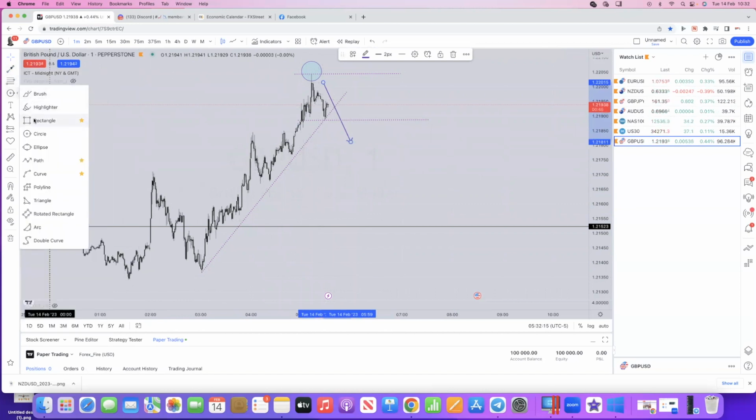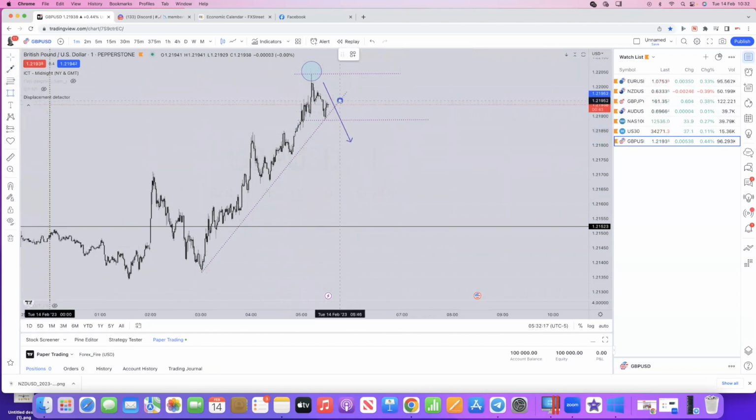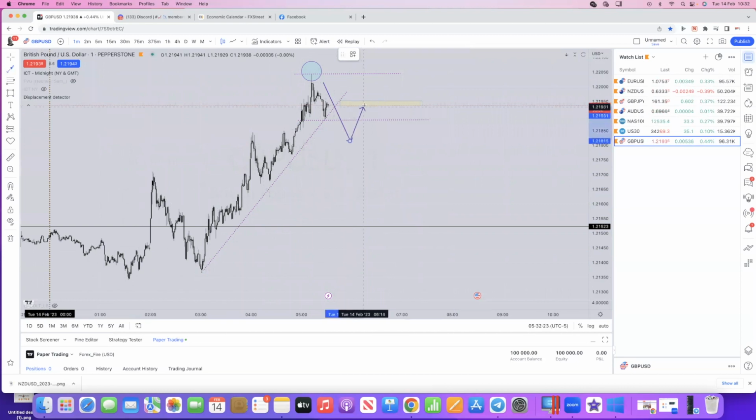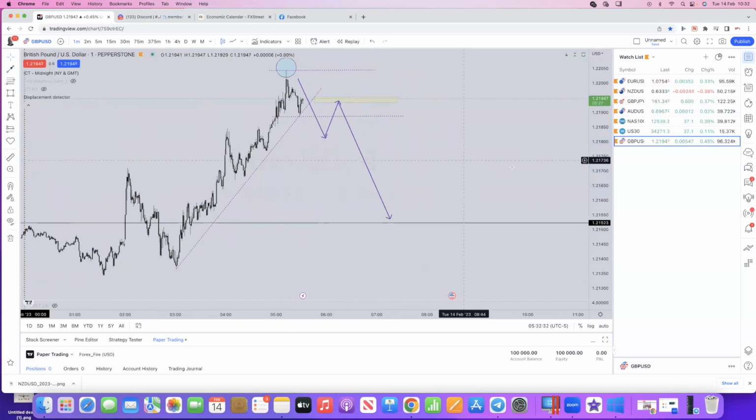And then as you get that again, you know the score. We'll wait for an area of imbalance or a fair value gap to come into play, or a retracement to trick the buyers again to then sell off and possibly come back down. That's what I'm looking for with that at the moment. I'm going to leave that on.